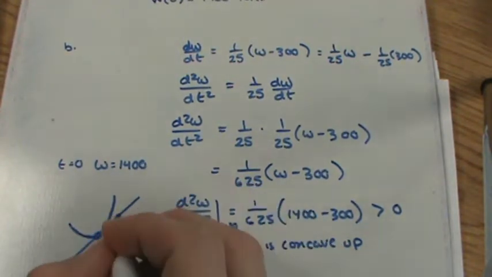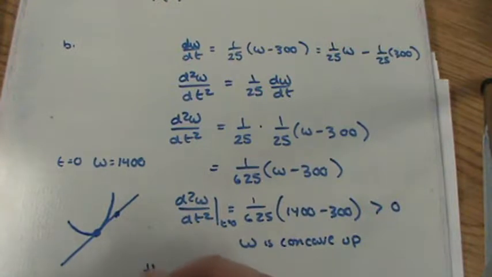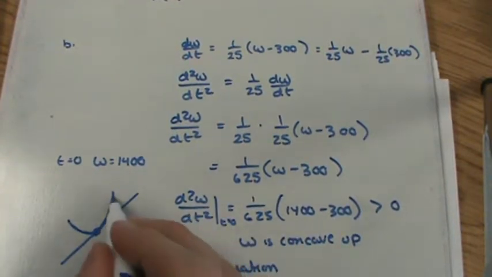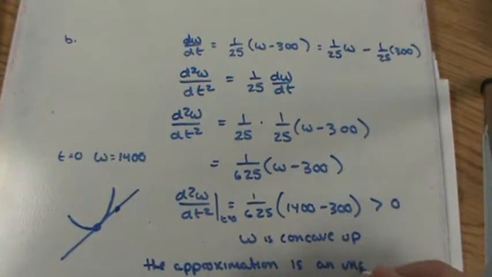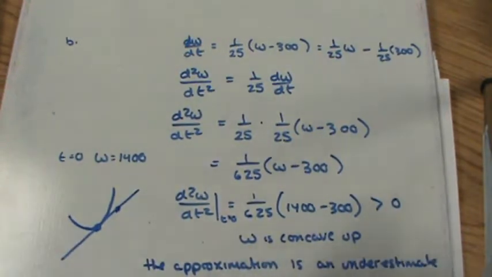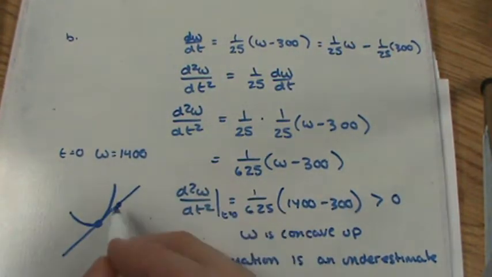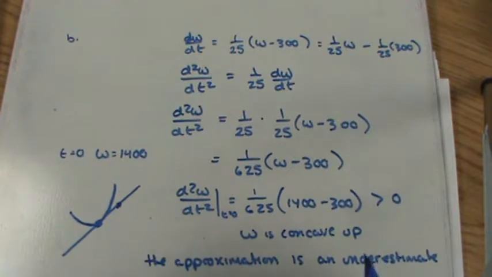That approximation from the tangent line is going to be less than the actual, so it is an underestimate. We can see that the tangent line would be under a curve that's concave up. If it was concave down, then we'd have the other situation happen. It would be an overestimate. But in this case, it's underneath the curve.